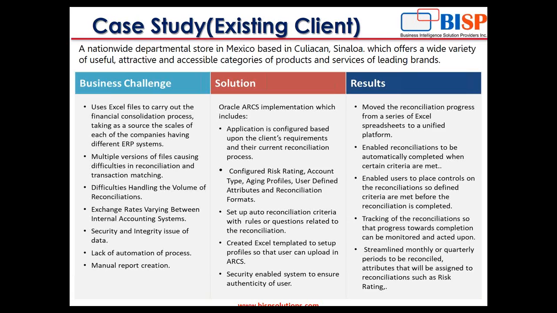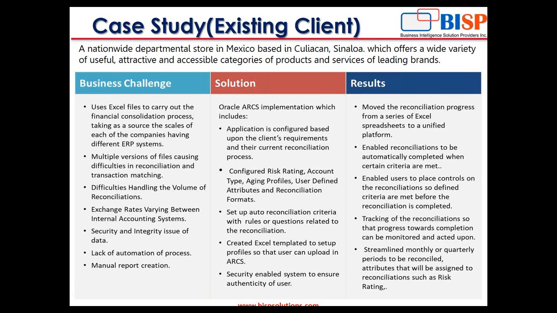Then under whatever reconciliations are provided, any user, be it the administrator, or I can have 10 personnel who are performing the reconciliations, the administrator or whoever is your head can actually divide those reconciliations based on the risks, as in A category, B category, C category, depending on your organization.